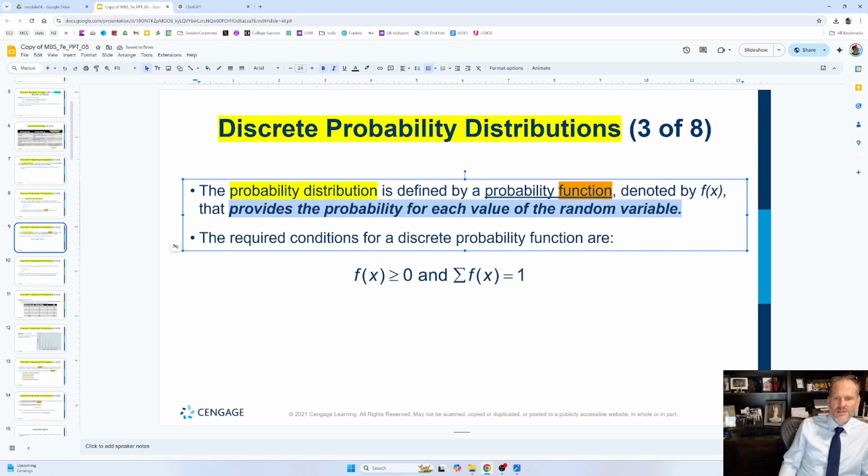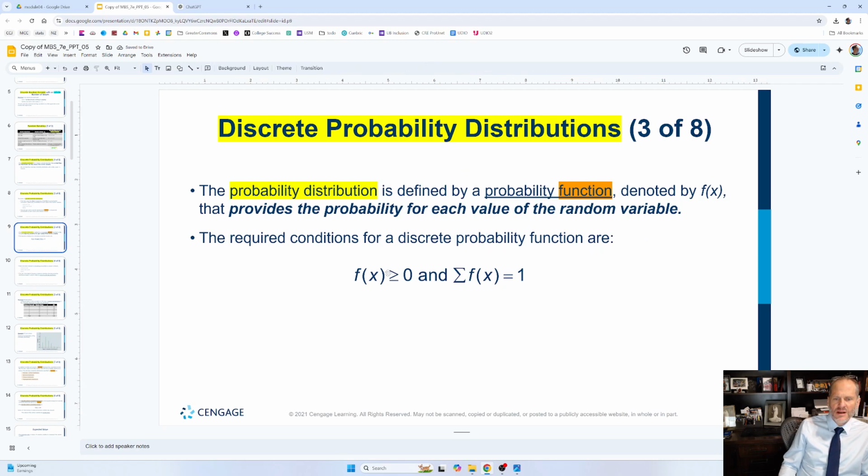The required conditions for a discrete probability function are, for any value of x, f of x has to be greater than or equal to 0. So this is a function, and x is the random variable we put in there. When we put any value of x in there, the probability that gets produced has to be greater than or equal to 0.